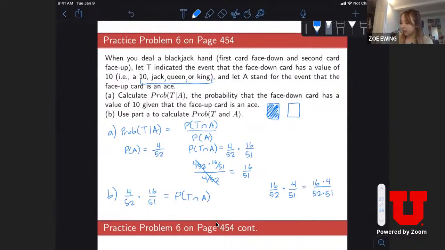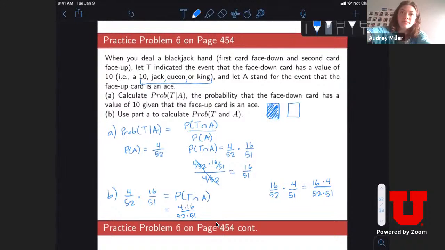And that's actually the same as this, which is 4 times 16 over 52 times 51. So because picking an ace doesn't affect whether or not you can get a value of 10, it doesn't really matter which one you do first. Okay, that makes sense.